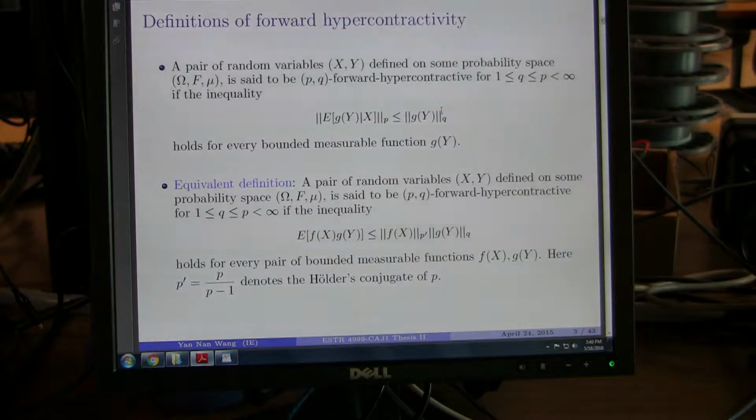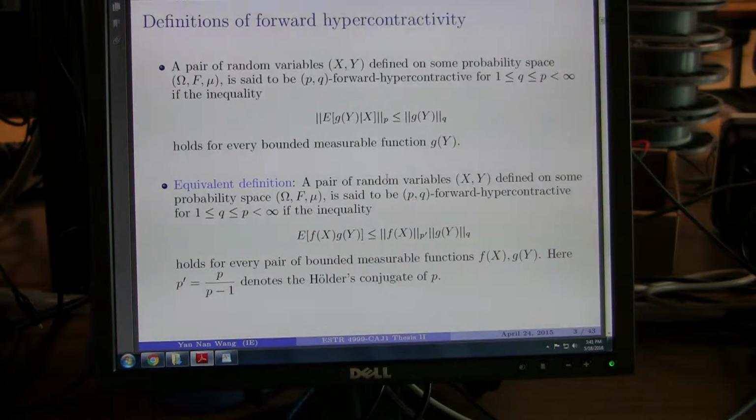The set of (p, q) satisfying this definition is the so-called forward hypercontractive region for this pair of random variables X and Y. And here is an equivalent definition.